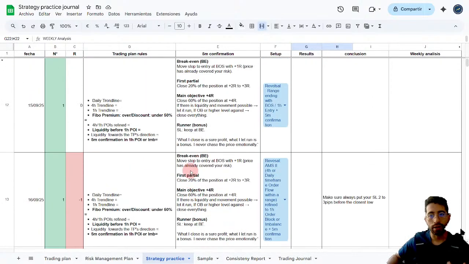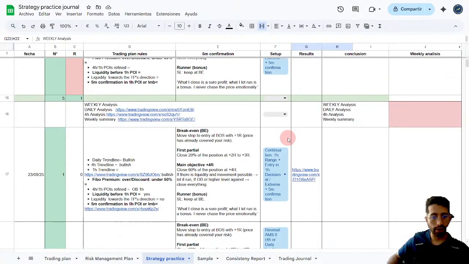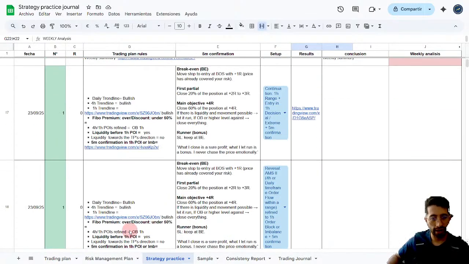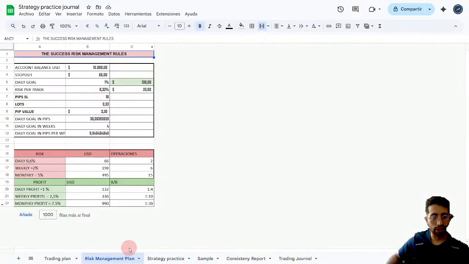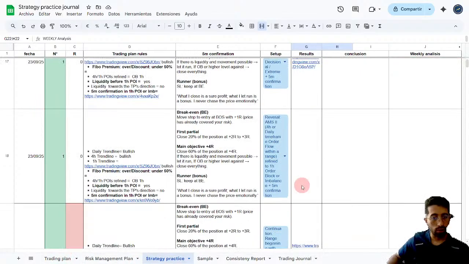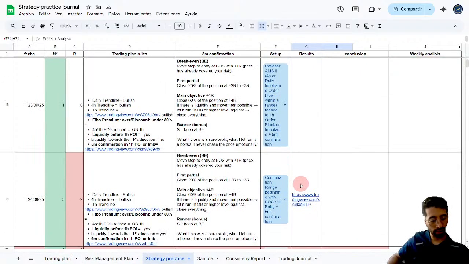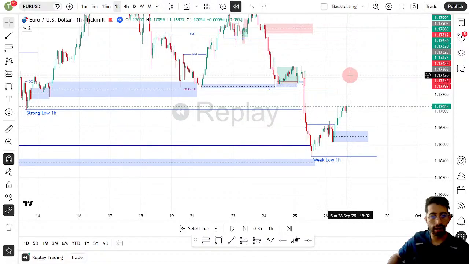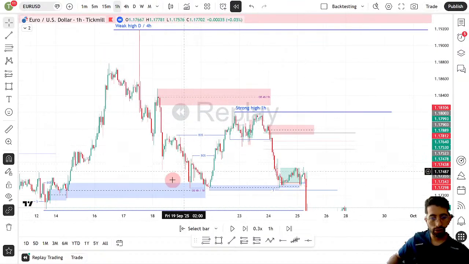I can actually put a real amount of money on this, or I need to maybe change the patterns, maybe change the lot size, or adjust some things in my trading plan.